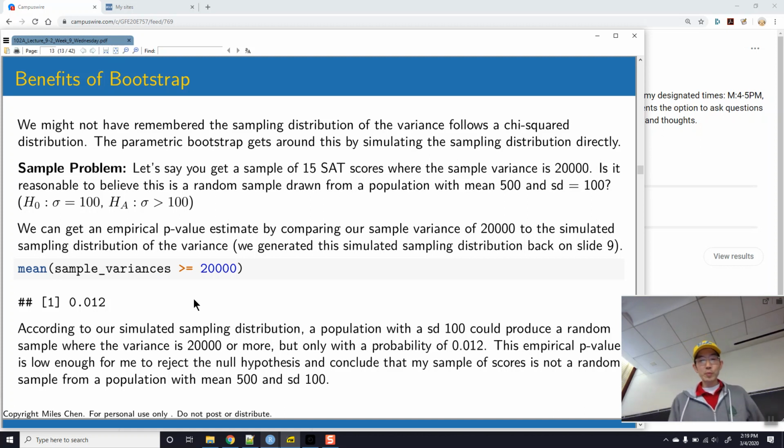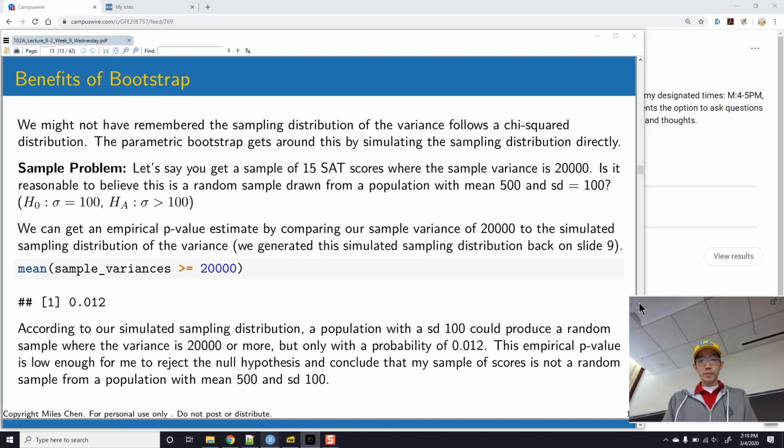So the interpretation of my p-value here is, according to our simulated sampling distribution, a population with standard deviation 100 could produce a random sample where the variance is 20,000 or more, but that's only going to happen with a probability of 0.012, all right? So this empirical p-value is low enough for me to reject the null hypothesis and conclude that my sample of scores is not a random sample from a population with mean 500 and standard deviation 100, right? Because this says it doesn't happen very often.